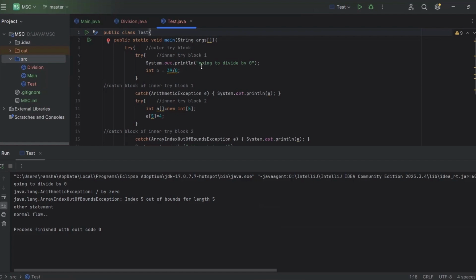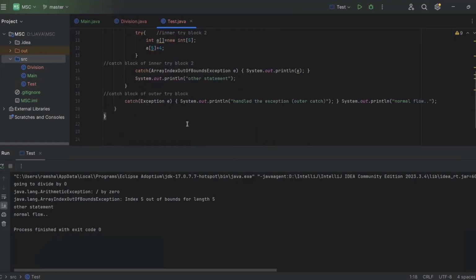It gave the description which we mentioned in the code, and then it said which exception occurred, and then again in the second inner block it stated which exception occurred, and lastly it went to the outer catch block and executed the program completely.